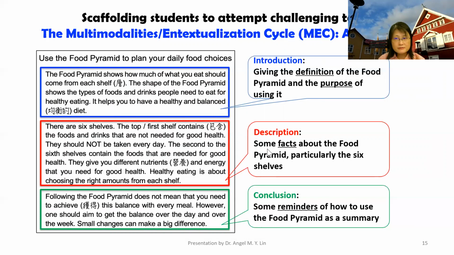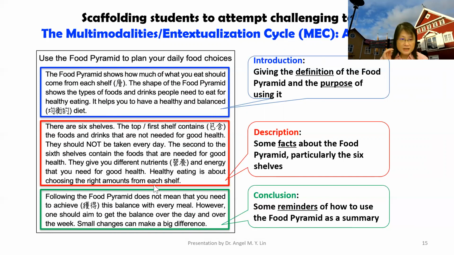And the second paragraph, we can describe the main points, the main information points about the food pyramid. And in the third paragraph, you could summarize and conclude how to use the food pyramid as a summary.